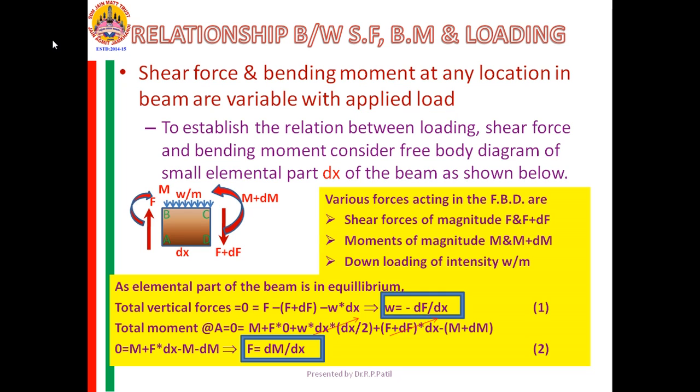So if you neglect all those terms, you will get like this: M plus F into dx minus M minus dM. So M will cancel out. One is plus, other is minus. You will get F is equal to dM by dx.